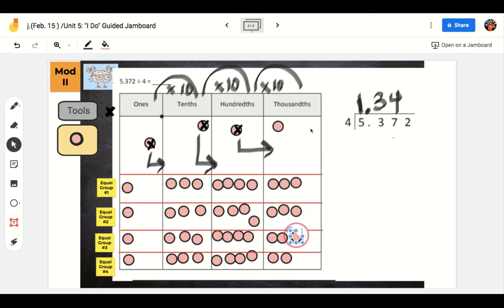Oh, wow. Don't you love it when a plan comes together? All were shared equally. And there are 3 groups, or 3 thousandths, shared equally. I don't have any more to share. So my remainder is what? 0.